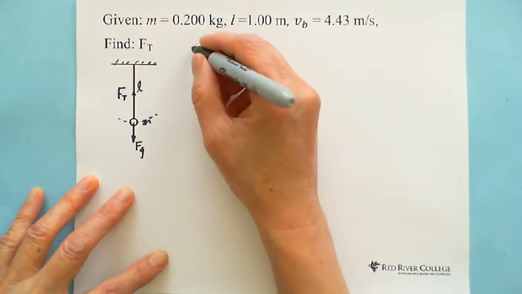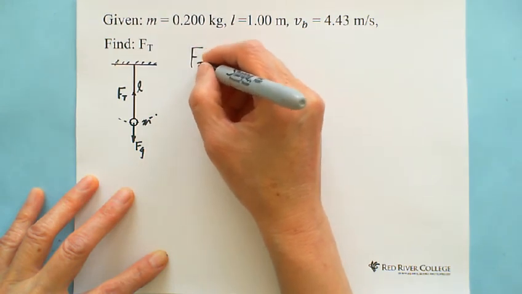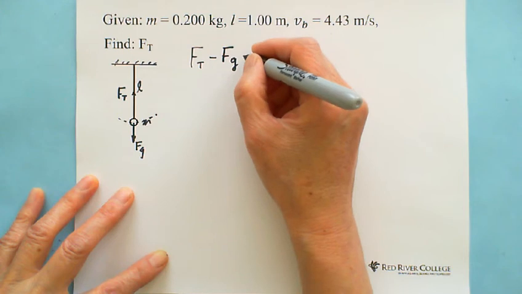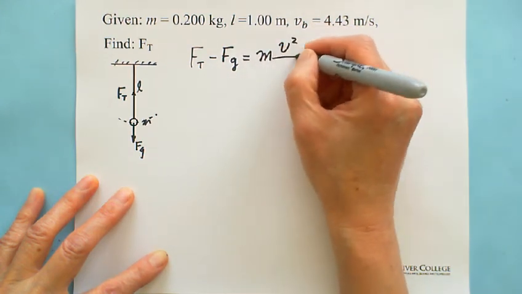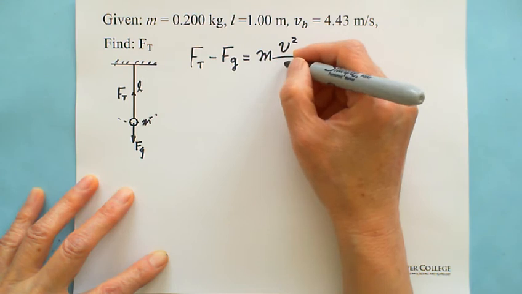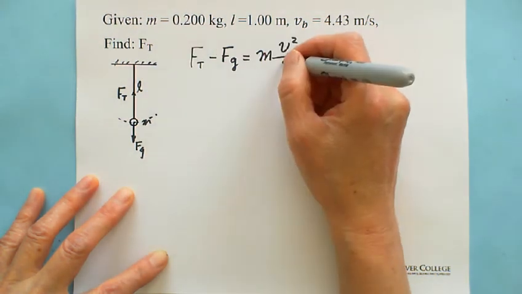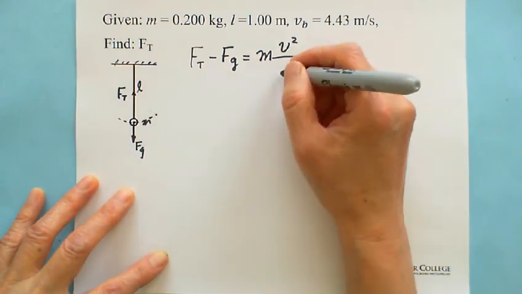So first write tension force minus gravity equals m times v squared over r. This r is the length of the string to the center of the ball, that's why we say L.